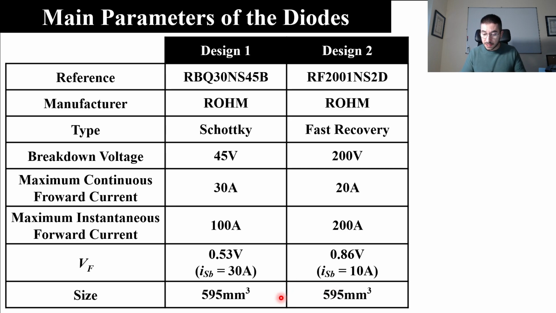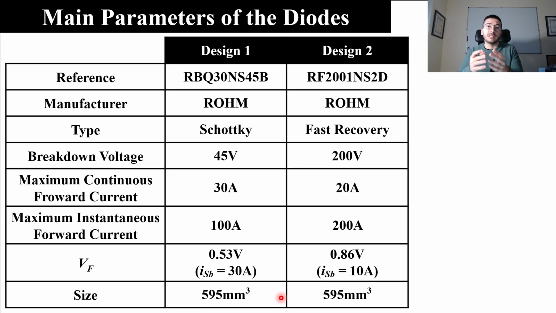The size is very similar, and as you can see, I don't include information about the reverse recovery process. If you check the datasheet, you will find information about this effect, but that information is incomplete because that process depends on a lot of parameters. For instance, it depends on the current.